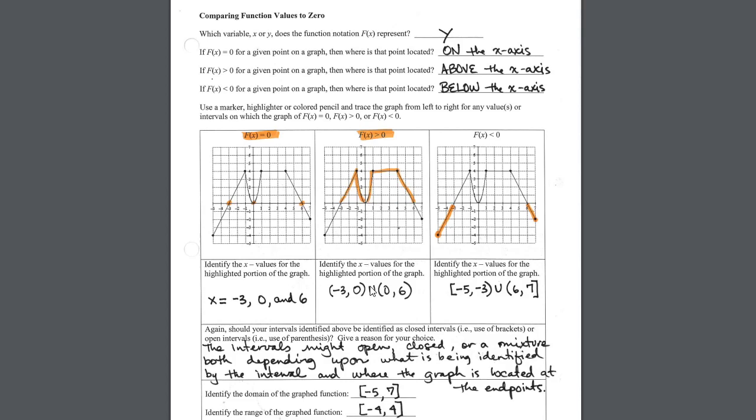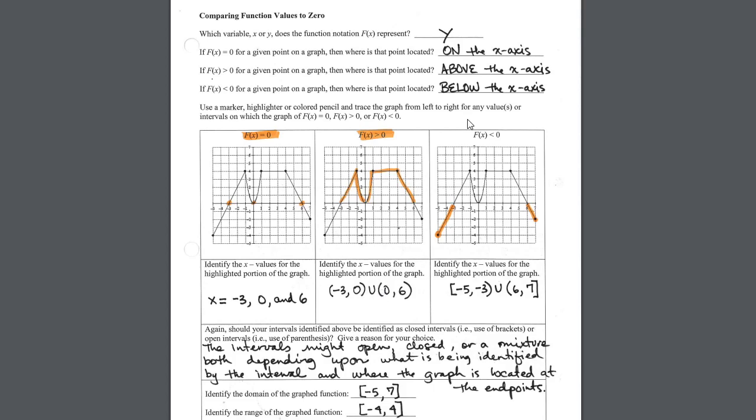Why did we break off at 0? Right at 0, you're on the x-axis, not above it. These parts have clearly positive y values, but right on this point, you're not above the x-axis, you're on it. So you do have to break off at 0.